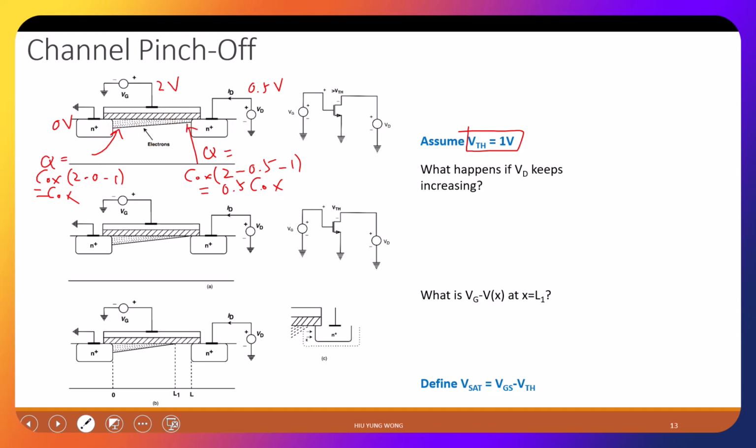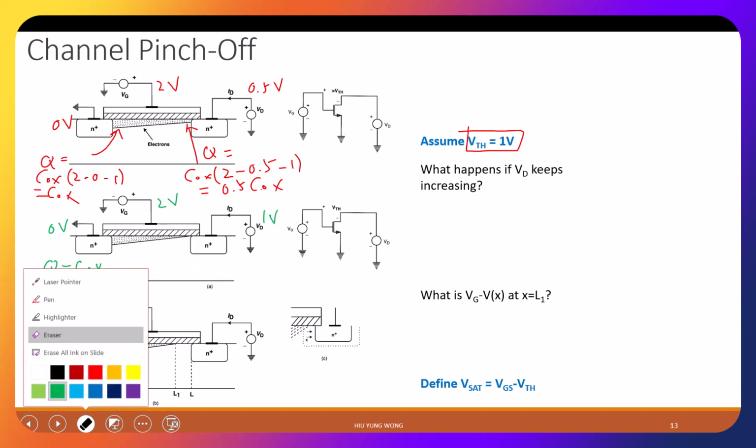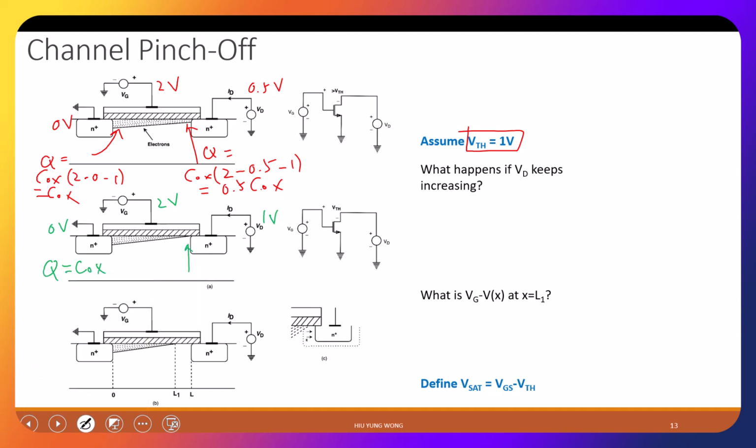And then the next thing is, what if I increase this to 1 volt instead? I still have the gate at 2 volts, source at 0 volt, but now the drain is at 1 volt. On the left it's still the same because there's no difference, so it is still 1 Cox, but on the right, at this point, Q equals Cox times 2 minus what?